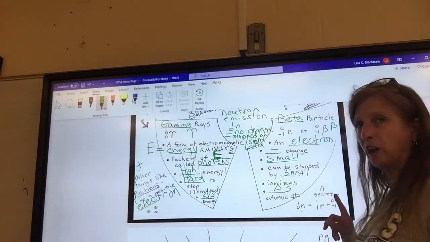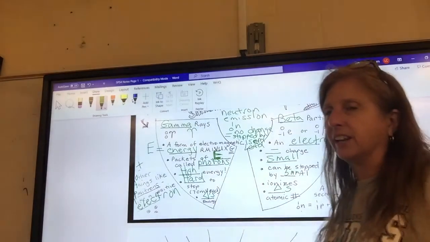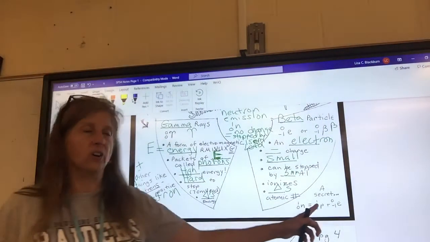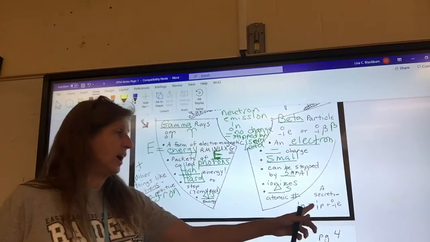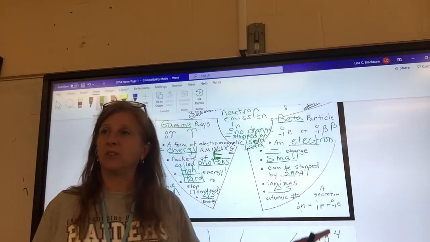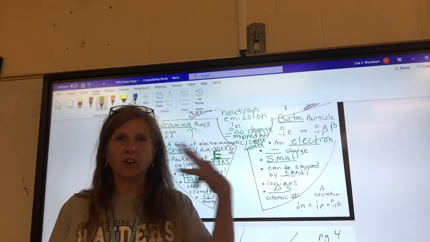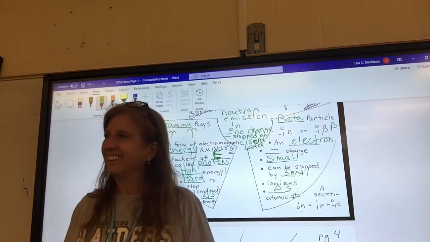Also, if you cram together real hard a proton and an electron, you can get a neutron. So now you see why neutrons are neutral, because they're made out of a positive and a negative. You can see why neutrons have the mass of a proton, because it's made out of a proton. Are you like going, oh, mind blown now?